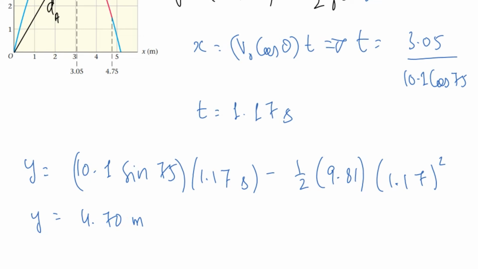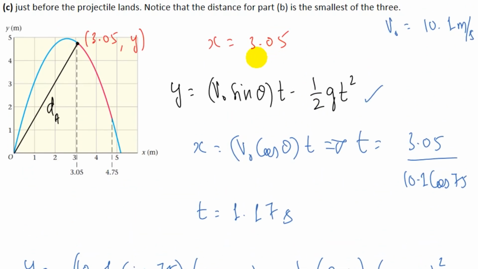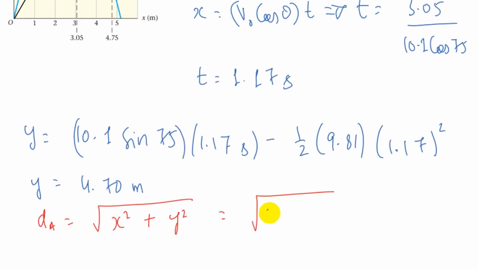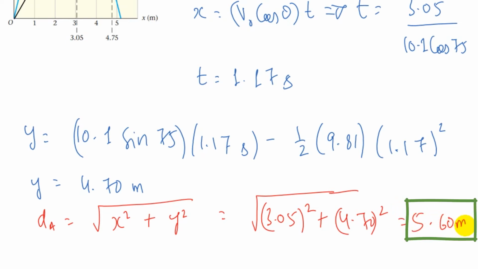Now it's pretty simple. The distance dA would be under root x square plus y square. So x square we have 3.05 and its whole square, plus y square is 4.70 and its whole square. So this value comes out to be 5.60 meter, and this is the answer for the A part.